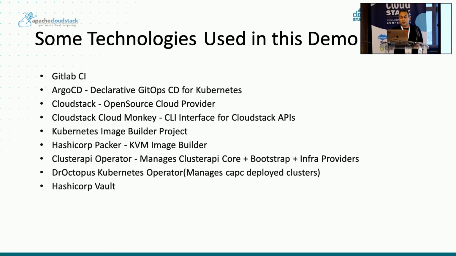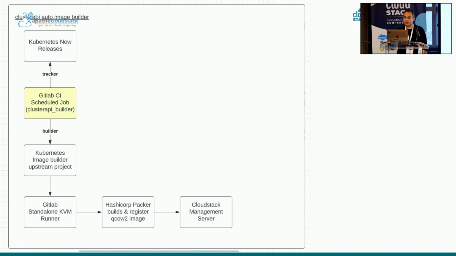So the first thing is, if we need to provision a Kubernetes cluster, first we need a fully operational image. That's the first thing. First, I'll show you the diagram, then I'll show you how it works. So there is a project called Image Builder.